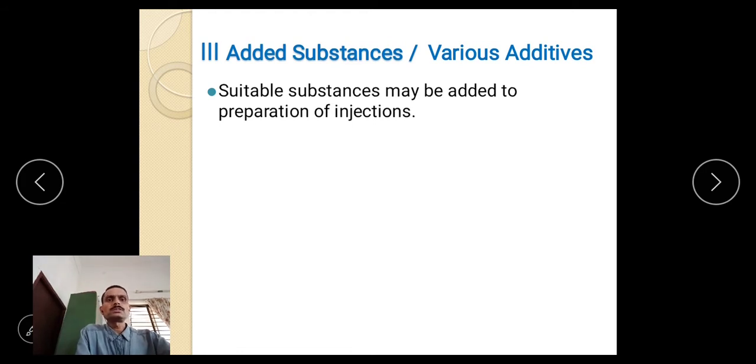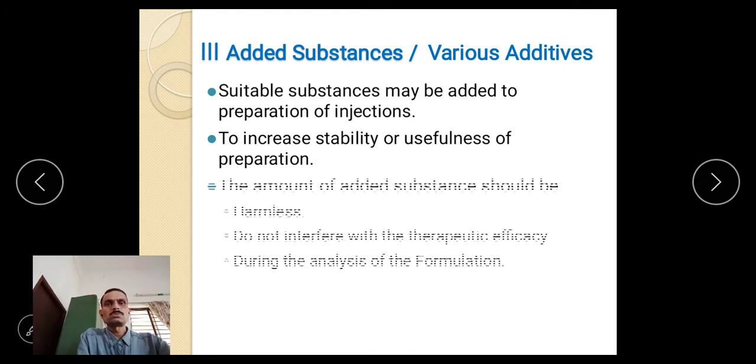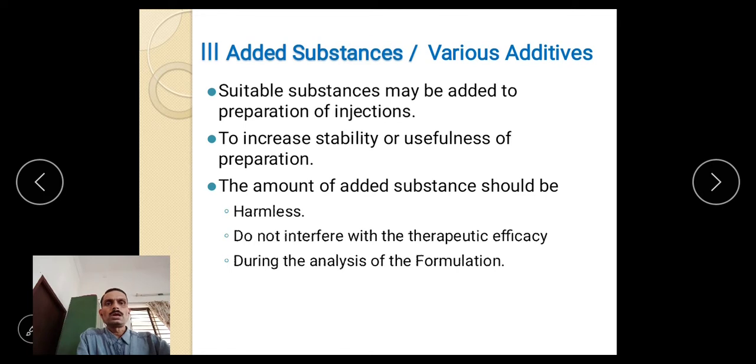Suitable substances may be added to the preparations of injections to increase the stability or usefulness of the preparations. The amount of added substances should be harmless. That is, we have to add a very minimum amount, and it should not cause any adverse drug reaction or side effects.